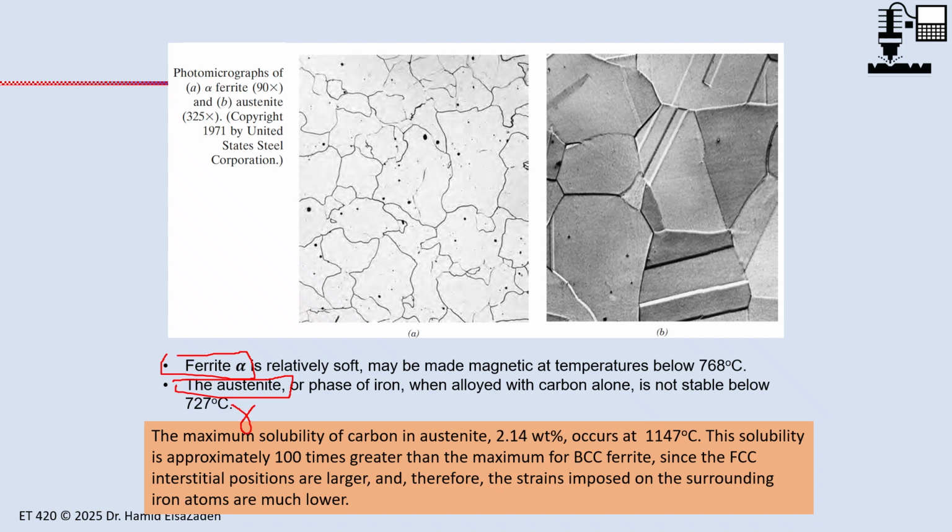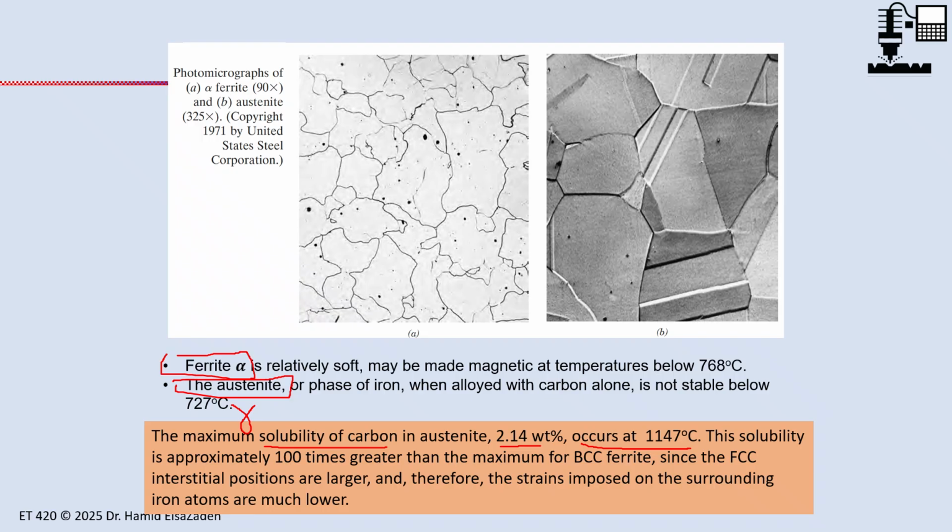And ferrite iron or austenite iron, they both have some carbon solubility in them. The maximum solubility of carbon in austenite is 2.14 weight%, and that occurs at this temperature.